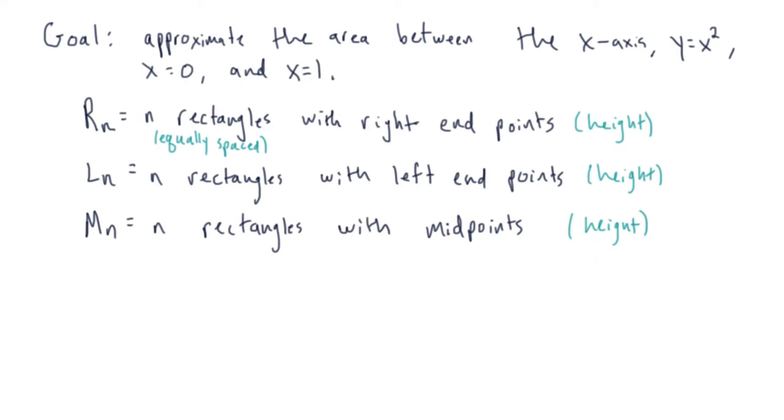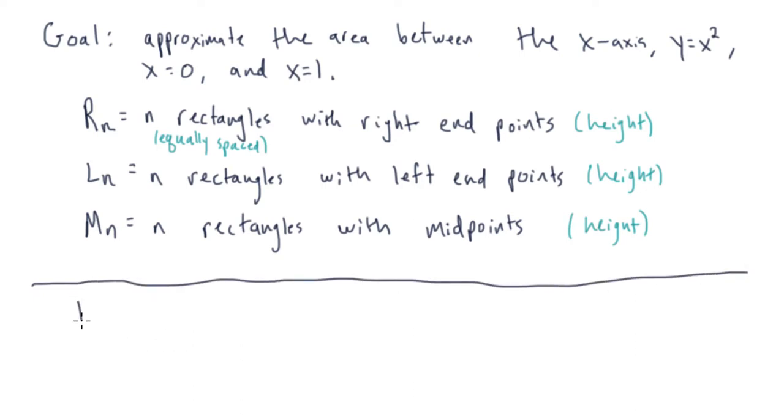Okay, so for our problem, let's just think about what R4 is. This is going to be, I'm just going to add up the area of each of those rectangles. And the height, I'm going to use the right endpoints. So the width of each one is 0.25.